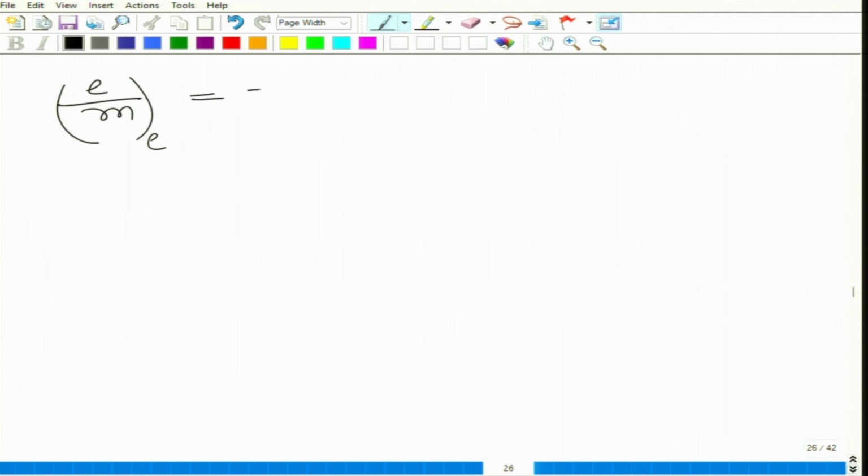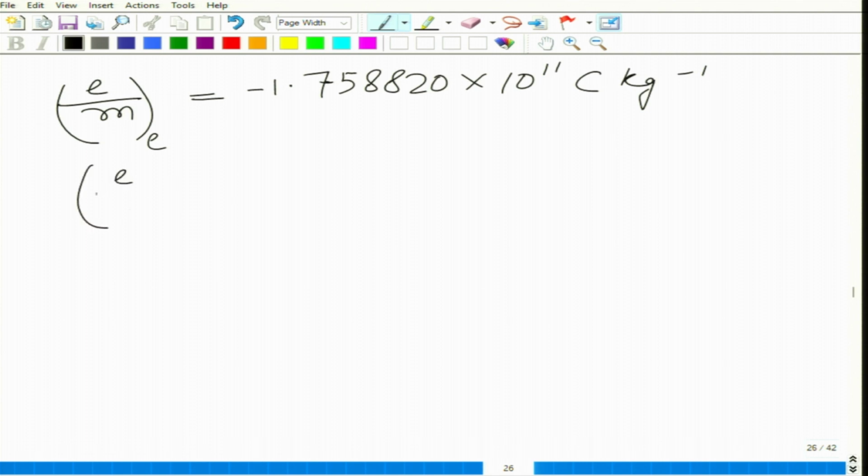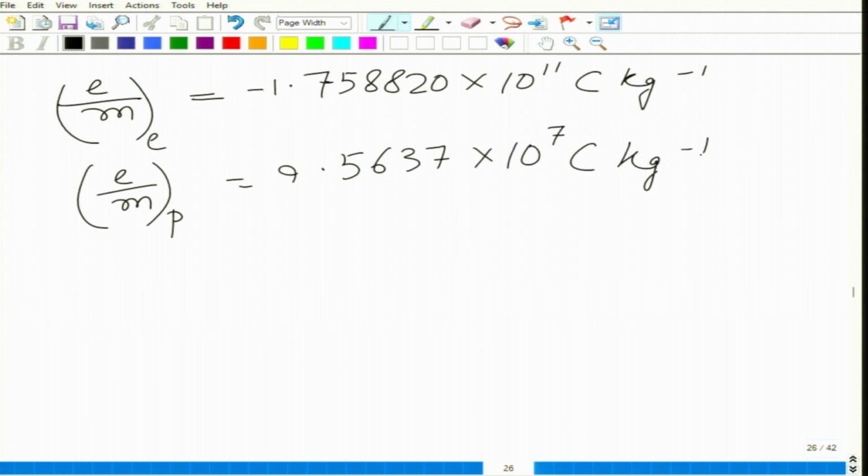It was minus 1.758820 into 10 raised to 11 coulomb per kg, and for proton it was 9.5637 into 10 raised to 7 coulomb per kg.